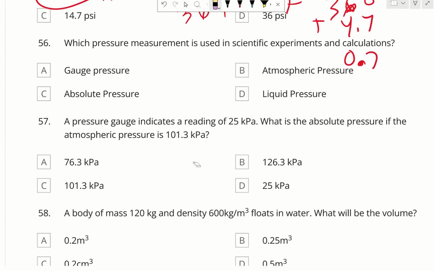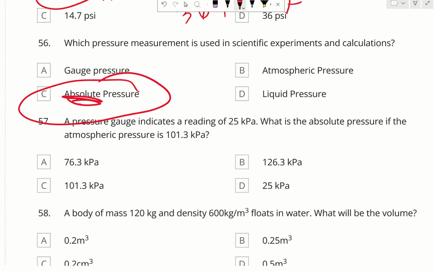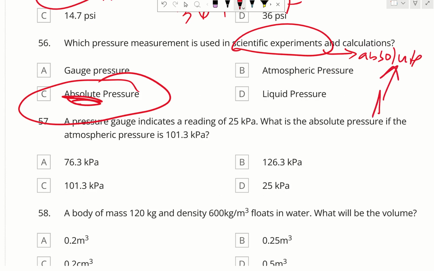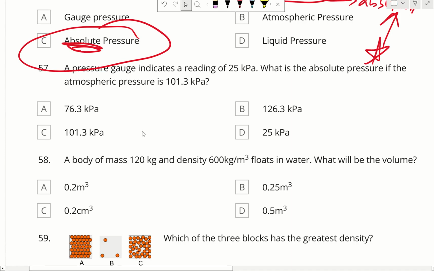Which pressure measurement is used in scientific experiments and calculations? Absolute pressure. When you're dealing with scientific experiments, absolute pressure, absolute temperature, this is your keyword. A pressure gauge indicates a reading of 25 kilopascals. What is the absolute pressure if the atmospheric pressure is 101.3 kilopascals?